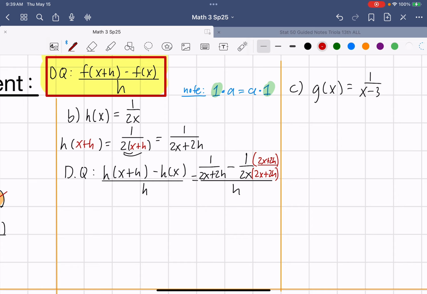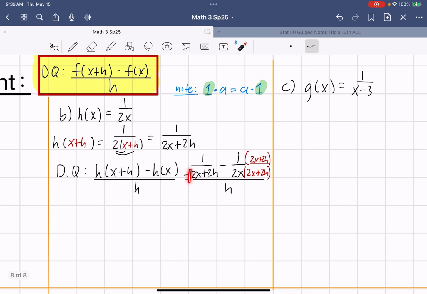Now, when you divide two things that are exactly the same, this is actually 1. So I'm multiplying by the multiplicative identity. But then this side has its own factor of 2x plus h, but it needs a factor of 2x. Now they will have the same denominator.